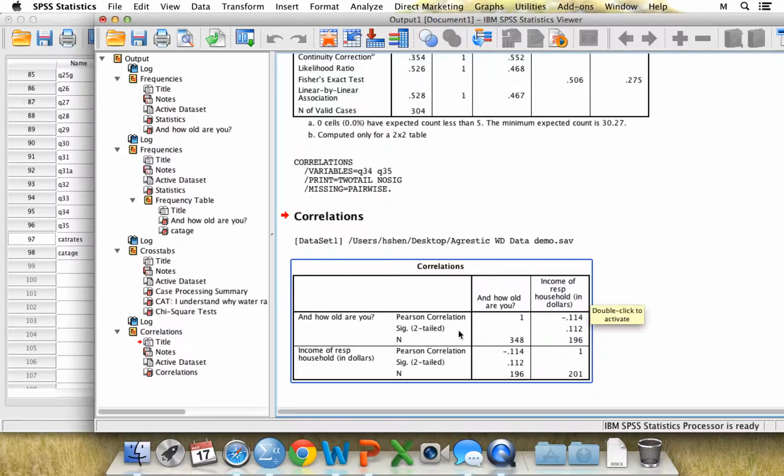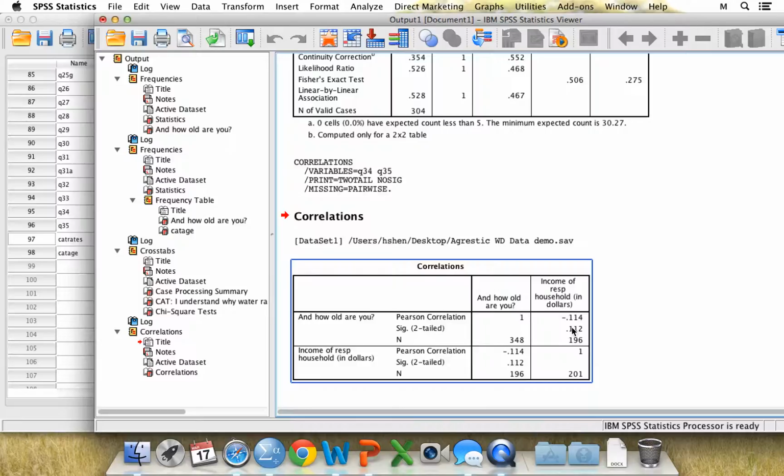I first look at the sig value. Again, it's 0.112. That means 88.8% of the time, the relationship is significant. So we want it to be 95.